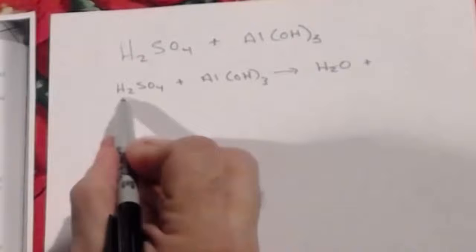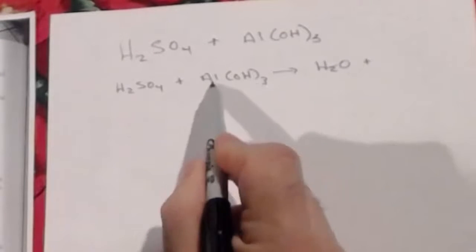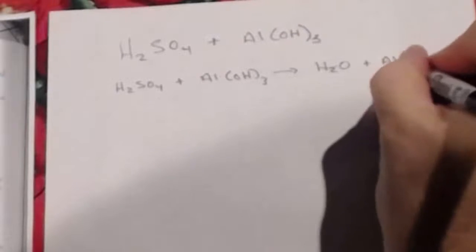We're going to lose the hydrogens from the acid, and we're going to lose the OHs from the base, and that's going to leave us with aluminum and sulfate. So it's Al, I'm going to go ahead and put it in parentheses now, SO4. The question is, how many do we need again?